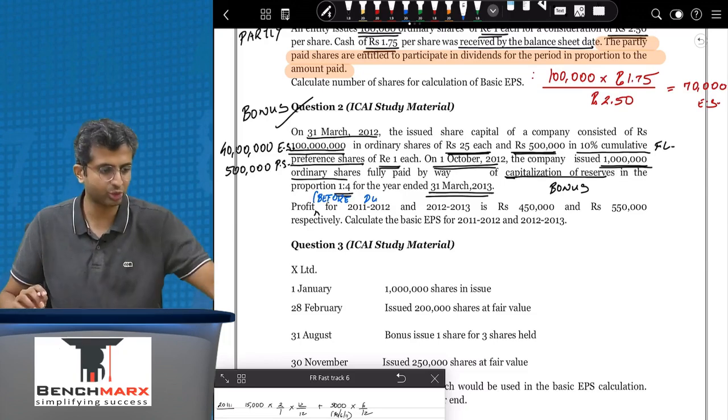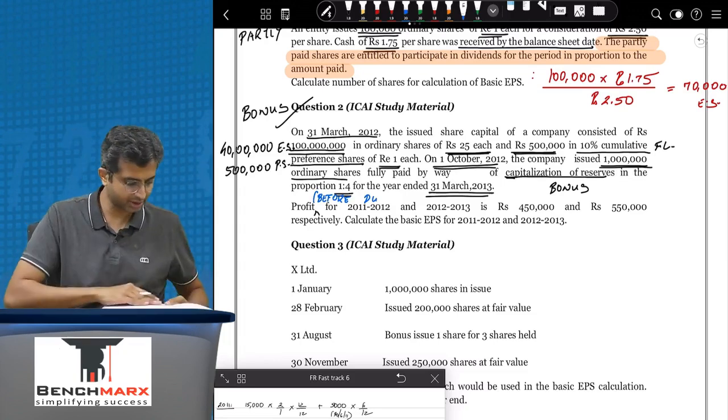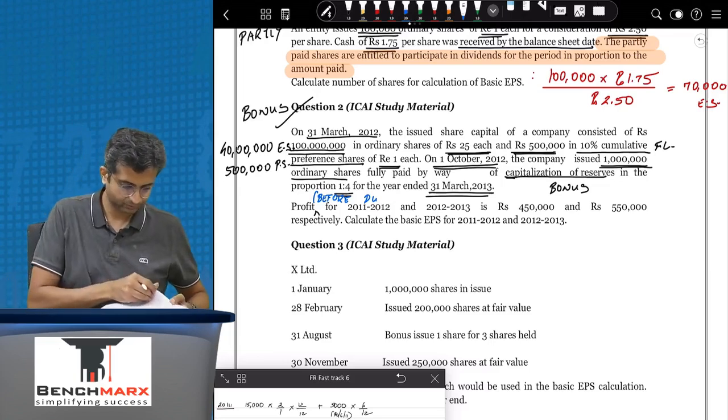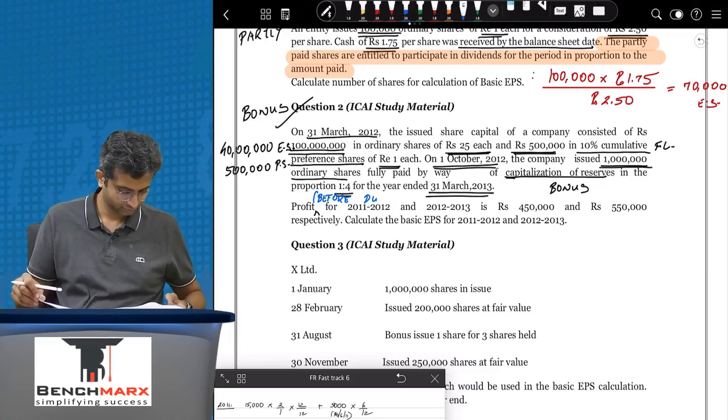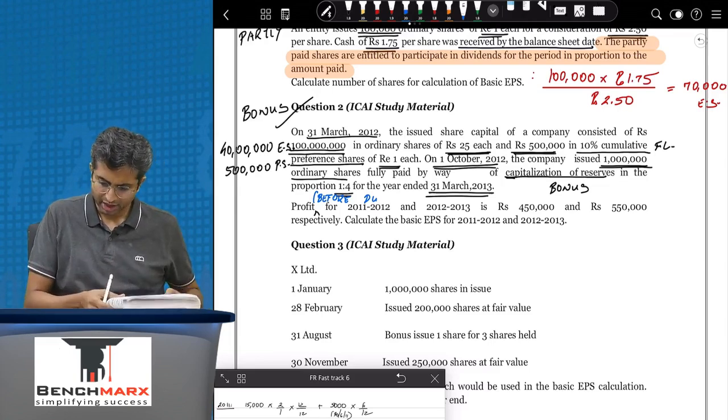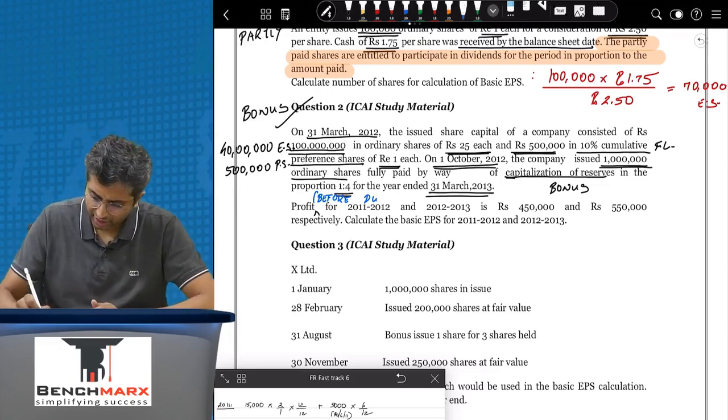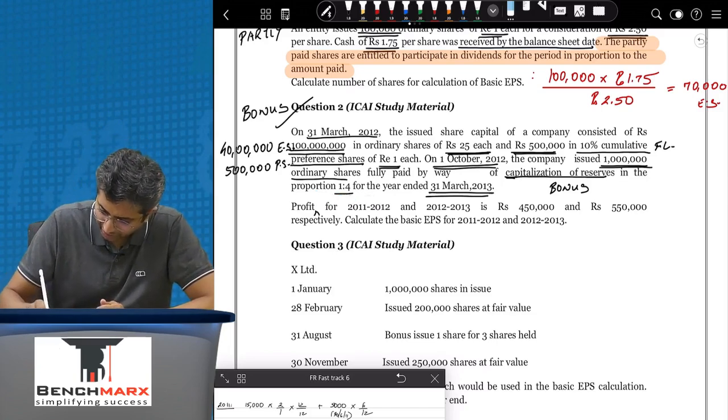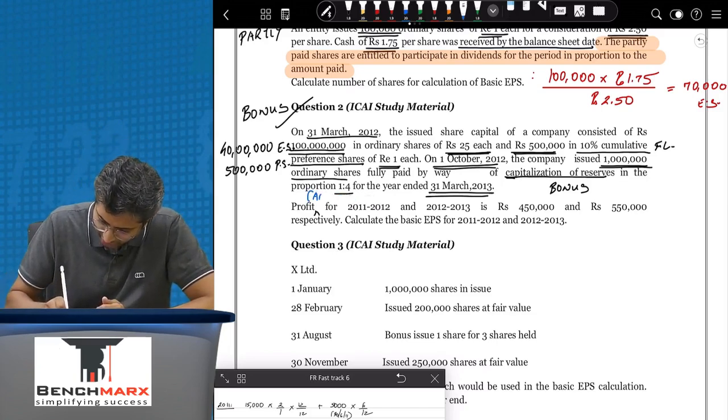Or else let us check once what is written in the solution. This is after, so let's clarify and say this is after deducting preference dividend.